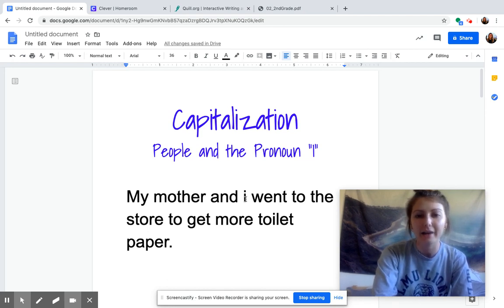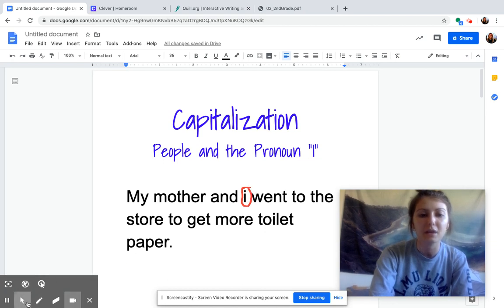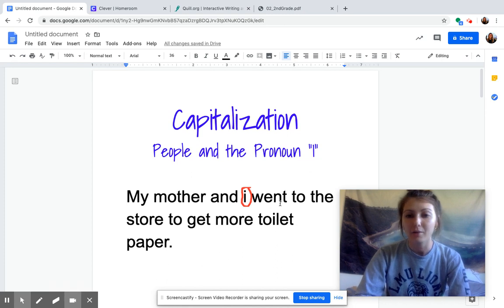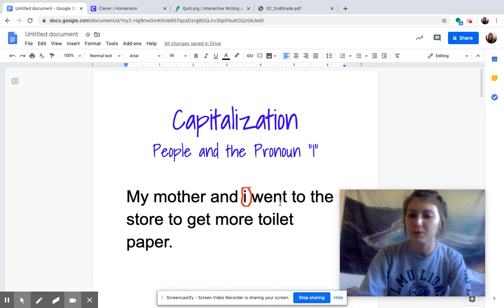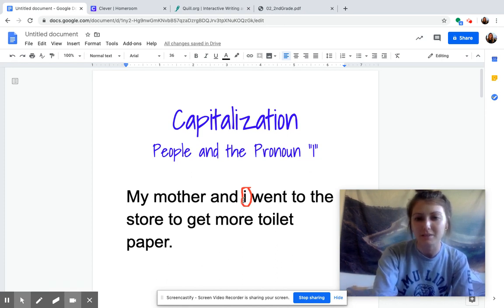And I. Oop, I see the pronoun I here, and it's not capitalized, it's lowercase. I'm going to go ahead and take my pen, and I'm going to circle it in red, because that is my mistake. Now, my next step is to rewrite the sentence and fix this mistake.